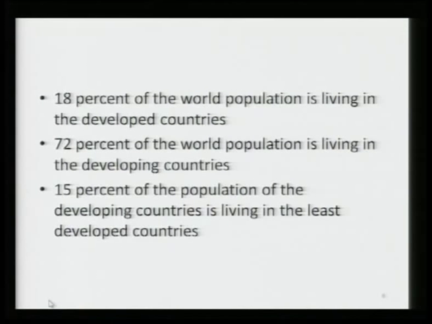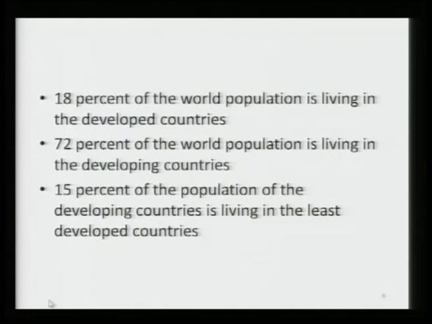In the first lecture I said that in the beginning of the Christian era, a much higher figure than 18% was living in the developed countries, but over the years the proportion of developing countries has increased. 72% of the world population is living in the developing countries, and 15% of the population of the developing countries is living in the least developed countries.